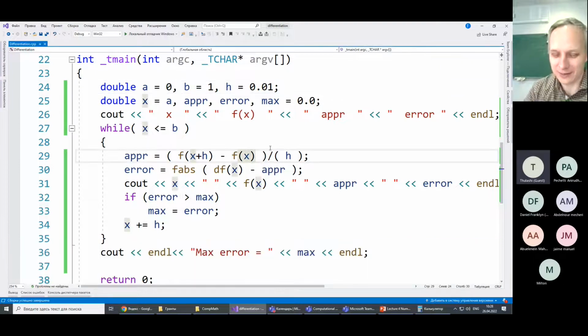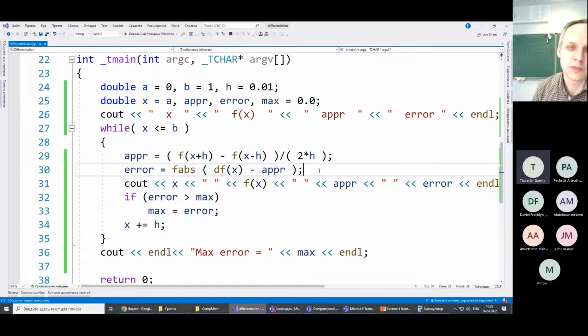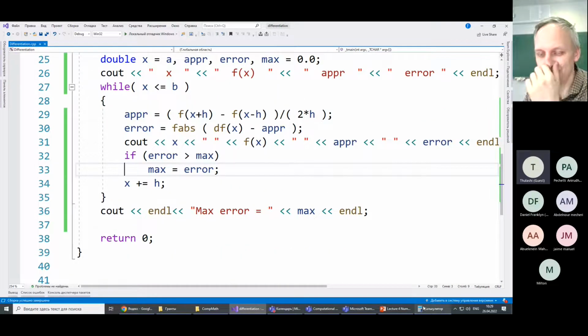But if I come back to the 3-point formula, we see the value that corresponds to machine 0, computer 0. Well, is it clear? Okay.